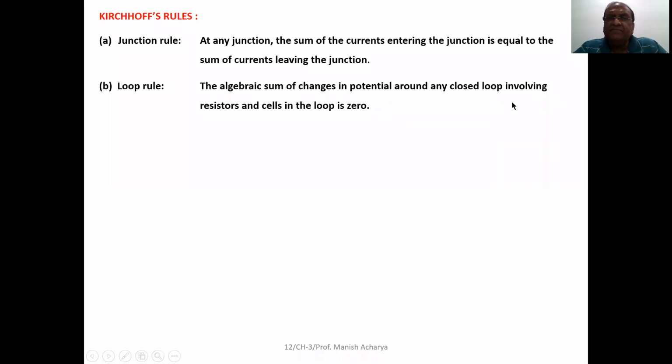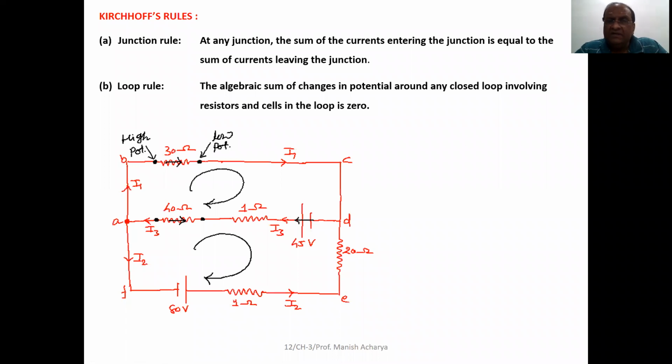Let's understand these two rules with an example. Suppose, as shown in the figure, we have a network in which some resistors and cells are connected as shown in the figure. Now, first of all, we have to understand the junction and the loop for the given network.